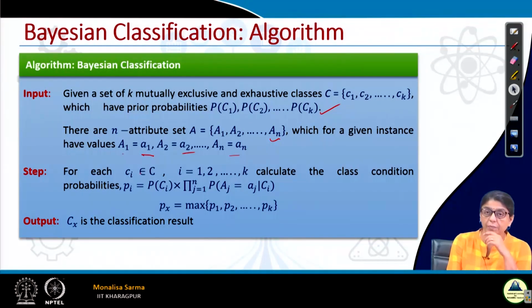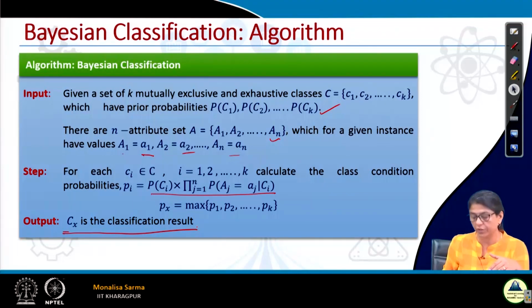For each ci belonging to C, i equal to 1 to k, as we said there are k classes, calculate the class conditional probability. Once we have found the class conditional probability, we take the maximum over the classes, and the class that has the maximum probability, that is Cx, is the classification result. This is the same thing put formally.